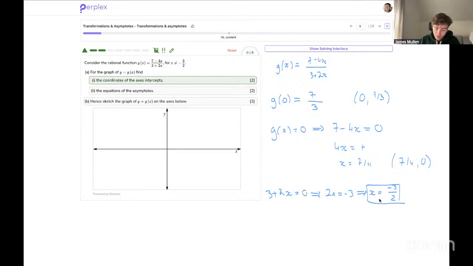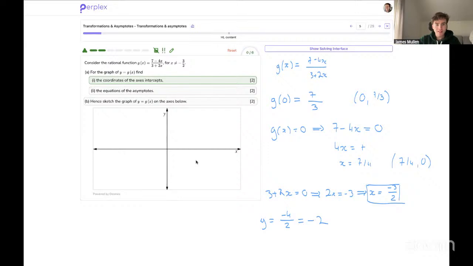And I'm going to have a horizontal asymptote when x gets very, very large, and I compare the coefficients of the x's in the equation. So I have y is equal to minus 4 over 2, which is just equal to minus 2. Okay, so those are my answers for AI, AII, and AIII.